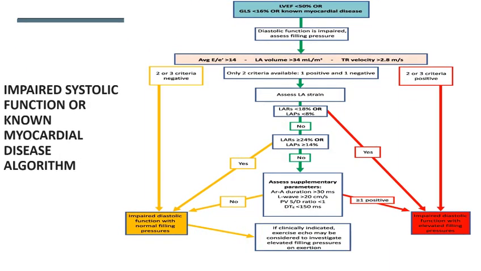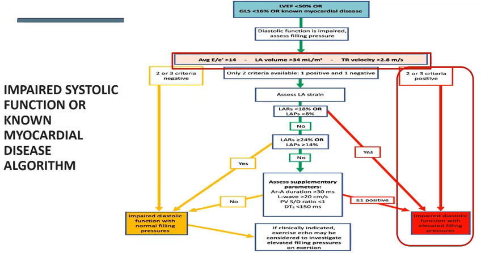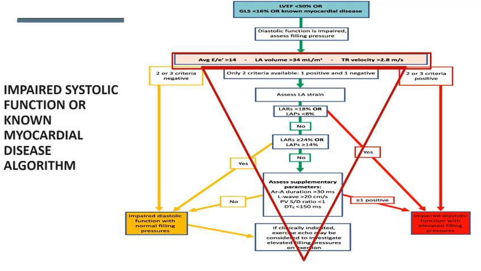For patients with impaired systolic function or non-myocardial disease, we have the same step 1 with the E/e prime ratio, left atrial volume, and tricuspid regurgitation. When only 2 criteria are available with 1 positive and 1 negative, the missing parameter can be replaced by left atrial strain.